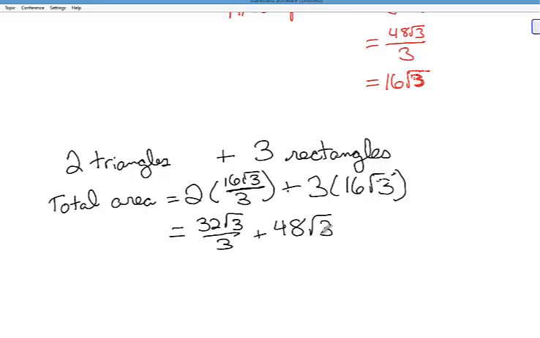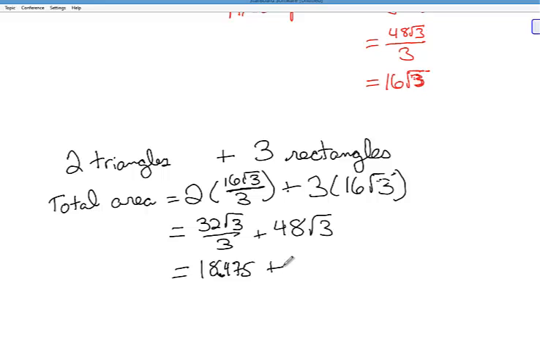Now at this point we're going to convert into decimals. So if I take 32 times the square root of 3 and divide by 3, that's going to be approximately 18.475.